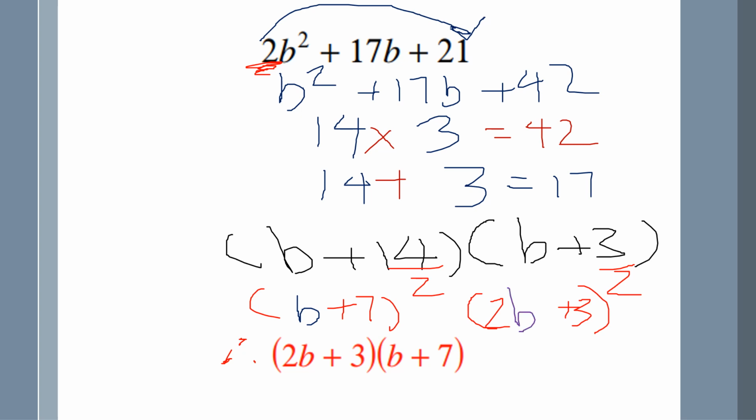I totally understand how this works. Again, the order here does not matter. So you could write 2b plus 3 in the front if you want to, or you put it in the back. I chose to put it in the back, but that is correct.